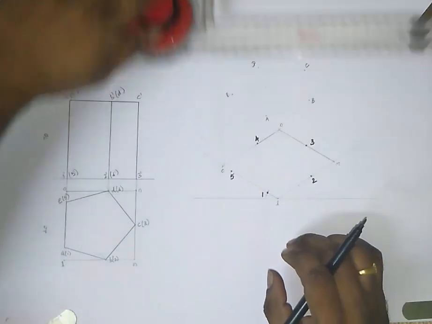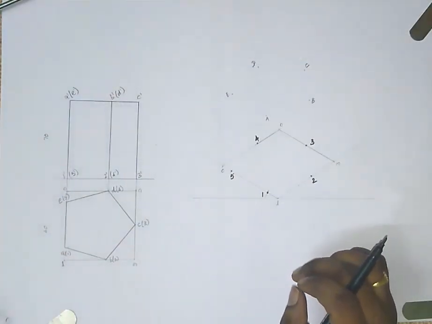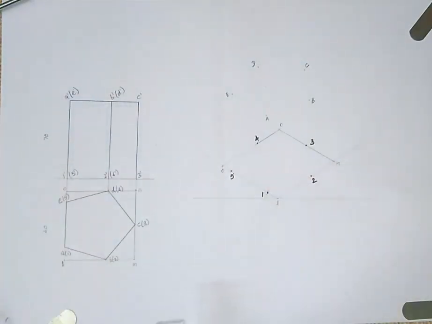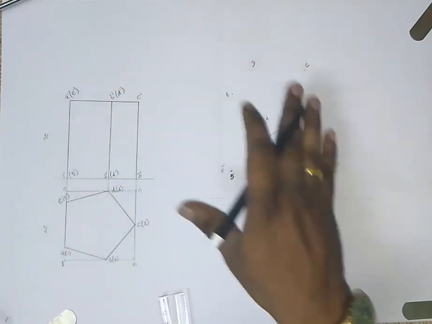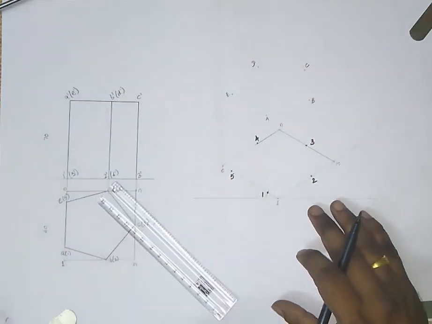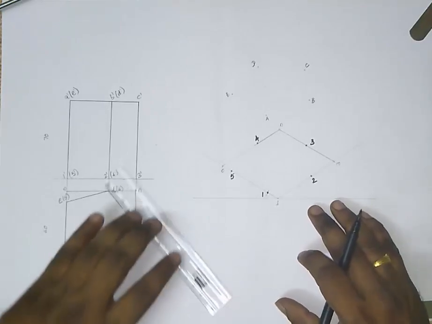Now all your 10 points have been transferred to the isometric view. As I told you in the last video itself, the top base of this polygon will be completely visible in the isometric view. That is the property of isometric view. Don't make a mistake with that.